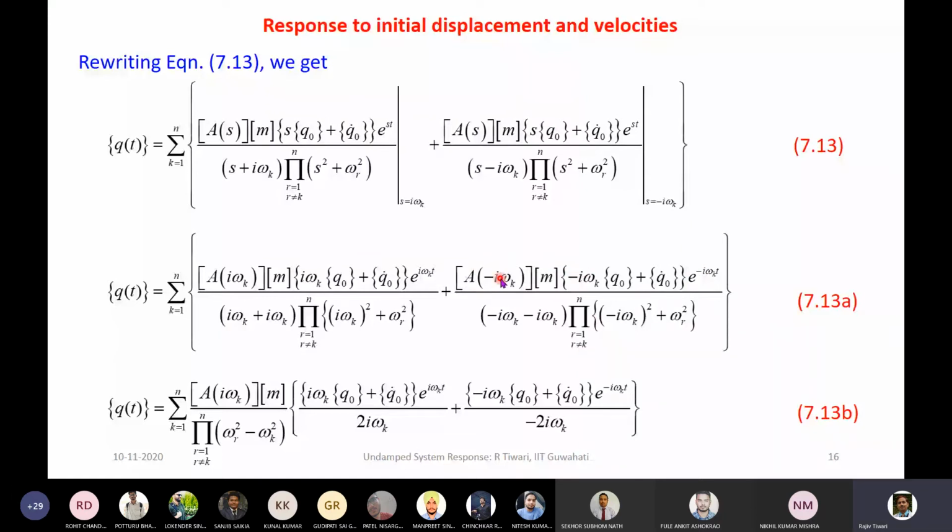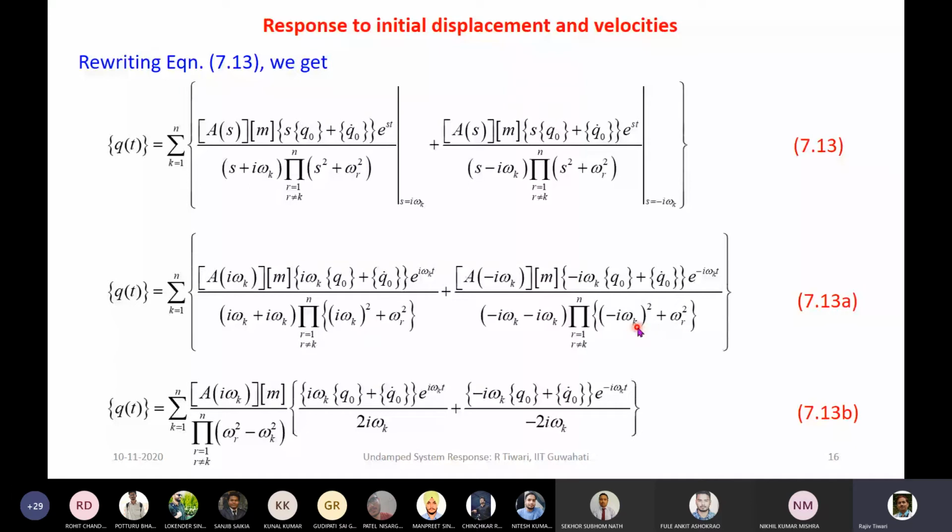Now because the A of I omega k and A of minus I omega k are symmetric, we can take out common from this. This mass matrix is anyway the same, so it can be taken common. Here, this particular term, if you square it or you square it, both will be the same, I think.